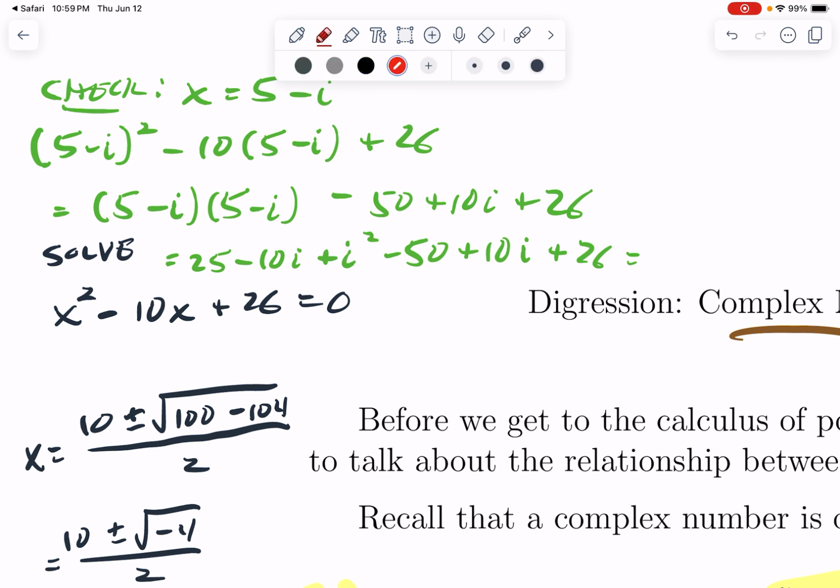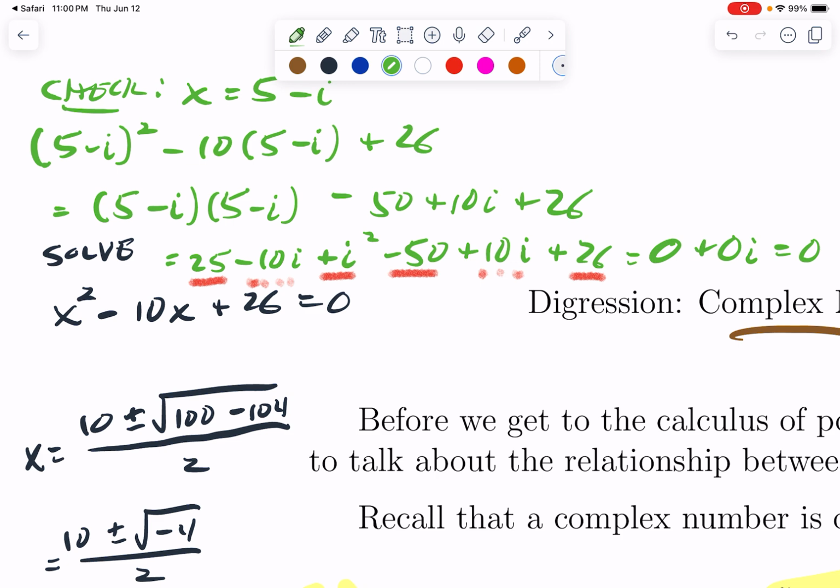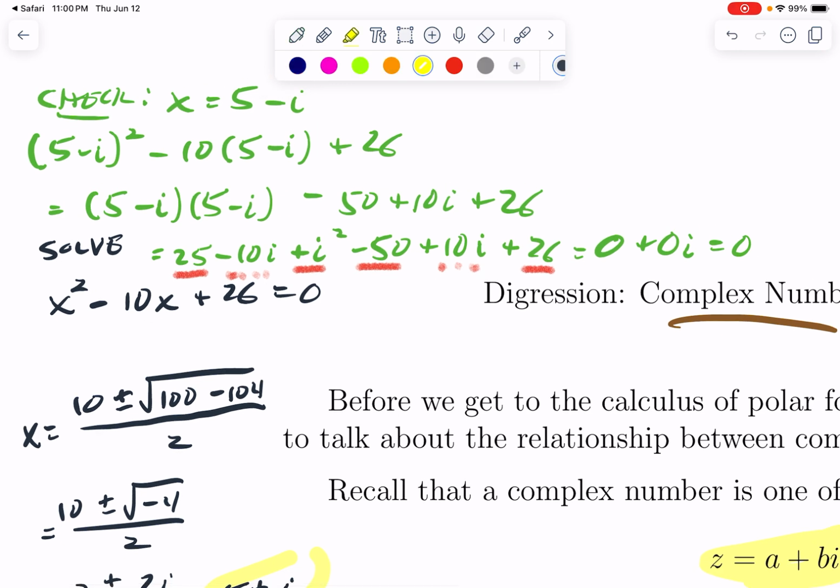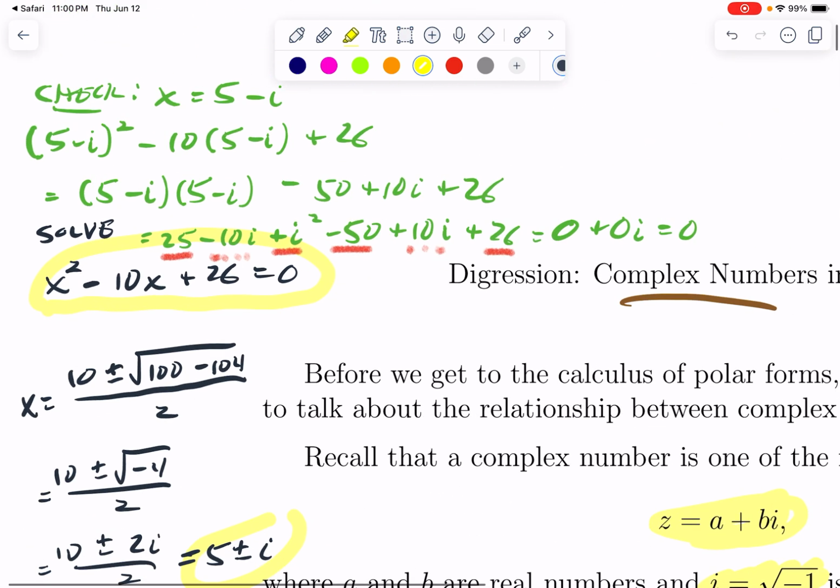So I'm just going to pay attention to the real numbers here. 25, -1, -50, 26. And so those cancel out to 0 real stuff. And then -10i and 10i, that's 0 imaginary stuff. So we really do get 0. It really is a value that makes this equation true.